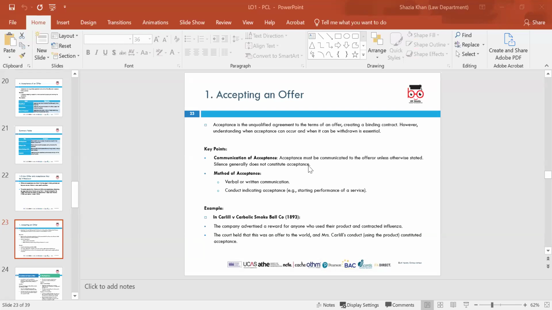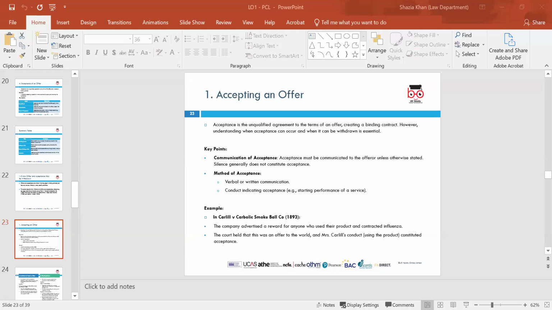However, understanding when acceptance can occur, when it can be withdrawn, things like communicating of acceptance, method of acceptance. It could be verbal, as we said, it could be digital, it could be communicated through word of mouth. And the really important case in regards to that, as we mentioned, is the case of Carlill versus Carbolic Smoke Ball case, 1893.